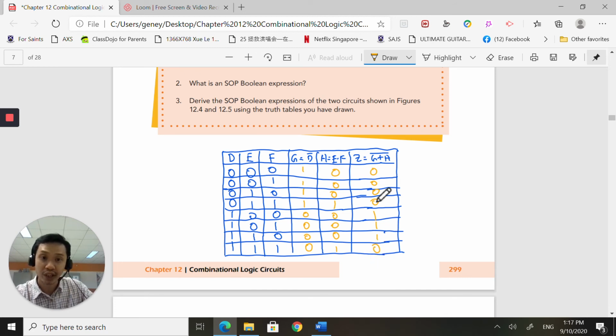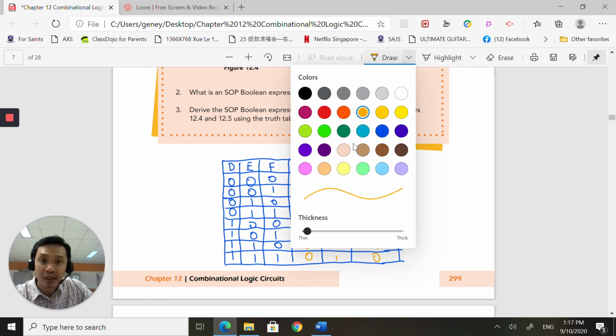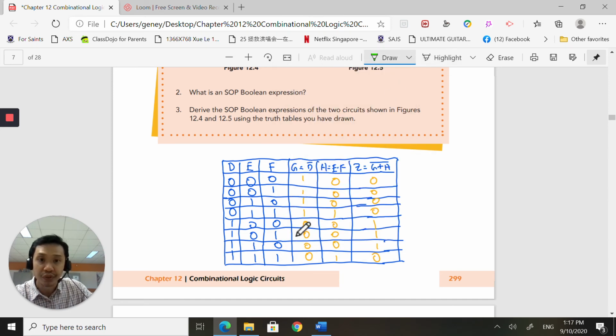Okay, so right now, we have finished coming up with the truth table, and we can come up with the SOP expression for this. All right, let's use a different color, maybe green. So I know Z will be true in these three situations.